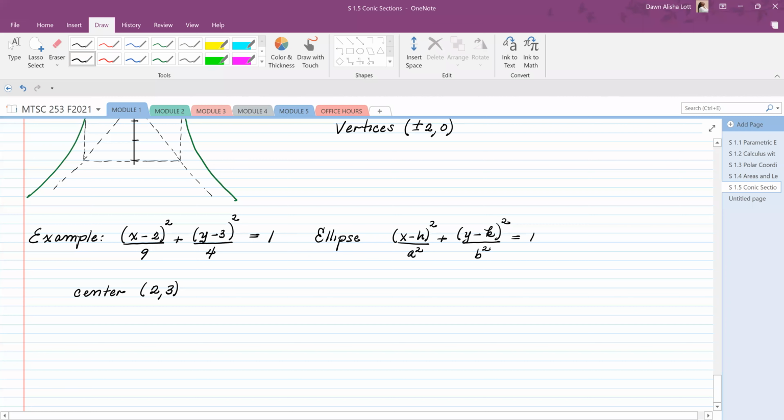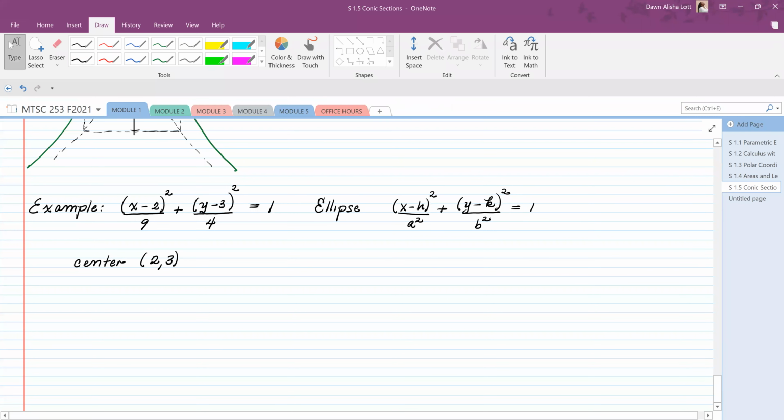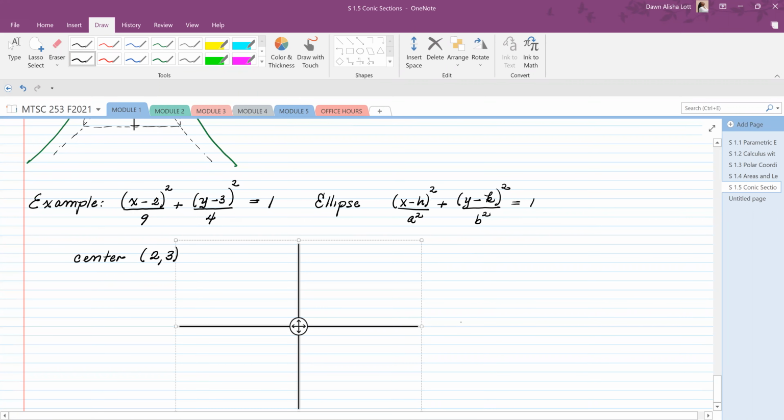So this ellipse has been moved. So this ellipse looks like this. So go to the point 2, 0, 2, 3. Here's the point 2, 3. I don't think I made this big enough.